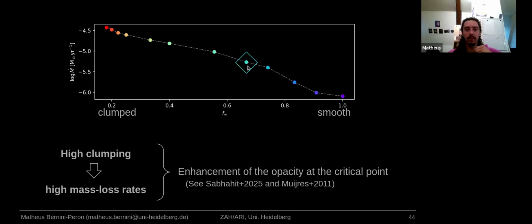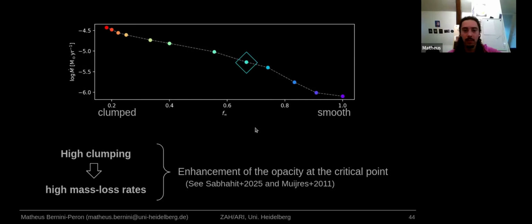But when we did it the other way around, we start to see the reverse effect of a much higher increase in the mass loss rates, also to almost an order of magnitude. And this effect is also something which is expected from previous studies.